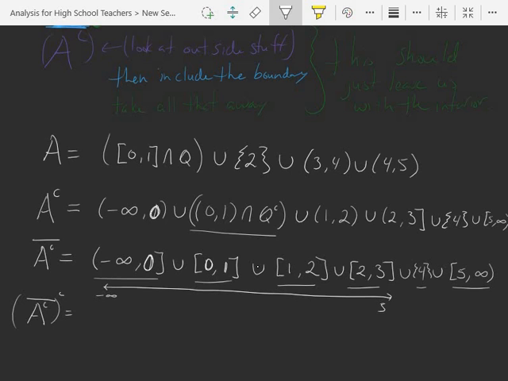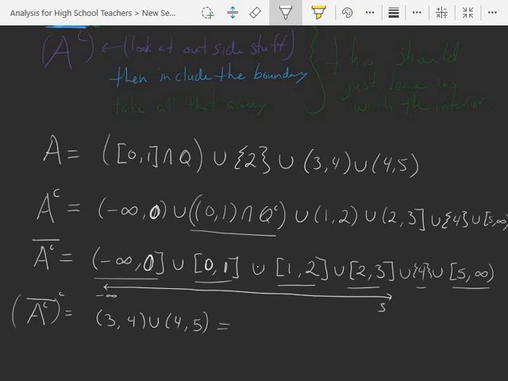So I don't have any of that stuff in the complement, but I do have the stuff from 3 until 4, right? Because the stuff between 3 and 4 is not in the set we've written down, nor is the stuff from 4 to 5. Other than that, 5 to infinity is in there, so this is a complement, closure, complement.